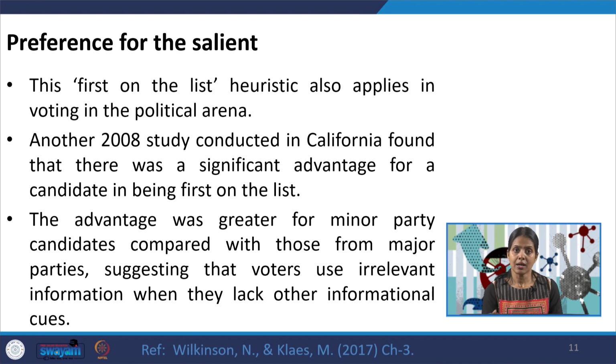So, basically people might not have much information about a minor party candidate. So, the advantage was greater for the minor party candidate just because the candidate appeared first in the list, and that is why he or she got prominence, or it became a salient point for people to vote for him or her.